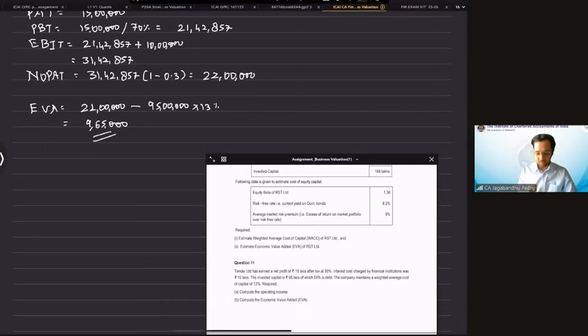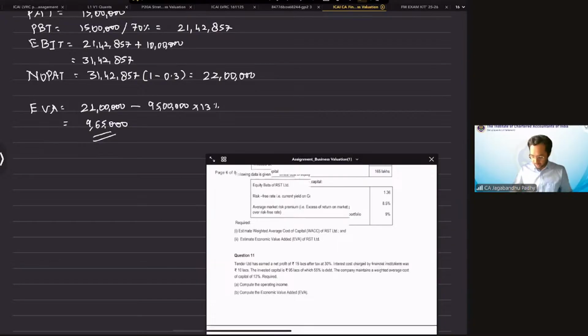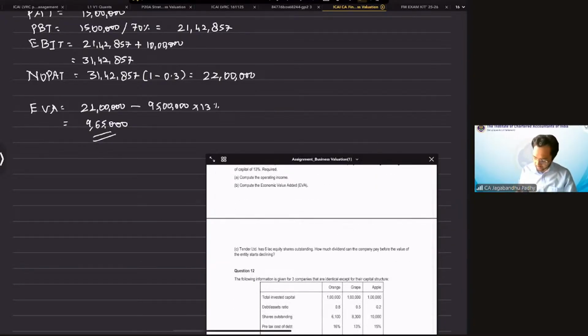If you pay dividend more than this, obviously the value of the company is going to take a hit. So when you have 6 lakh equity shares, how much dividend can the company pay before the value of the entity starts declining? We will say max dividend per share that can be paid.